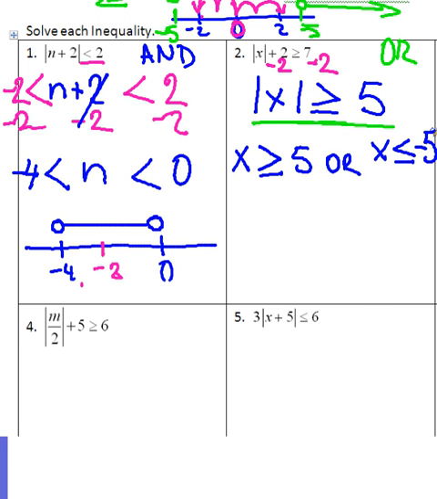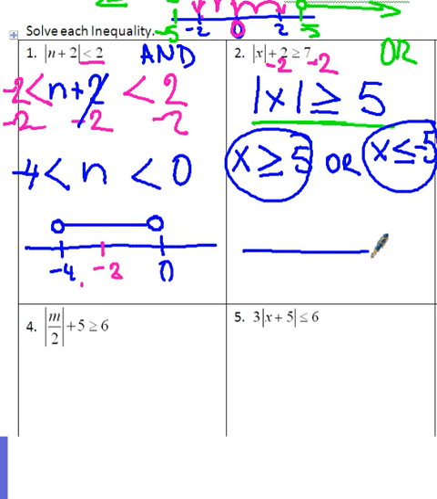Now again, I end up with 2 inequalities, and I have to solve them. These are actually solved. So this is my answer. This was easy. If I was to graph it, I know -5 is further left than 5. And I know that both these endpoints are part of the answer.